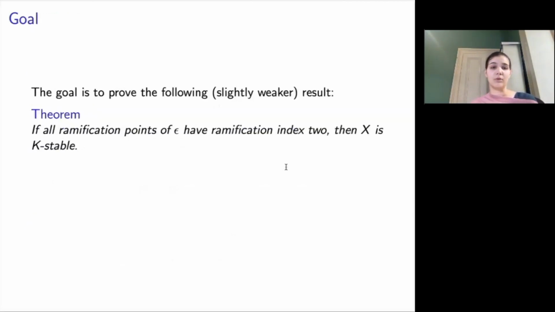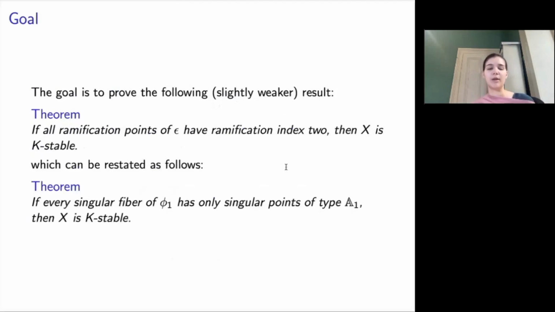And the goal of this talk and of my paper was to prove a bit weaker result. So in the first way of saying it, if the ramification points of the morphism have only ramification points of index 2, then X is K-stable. And in my paper, I proved that if every single fiber of phi has only singular points of type A1, then it's K-stable.